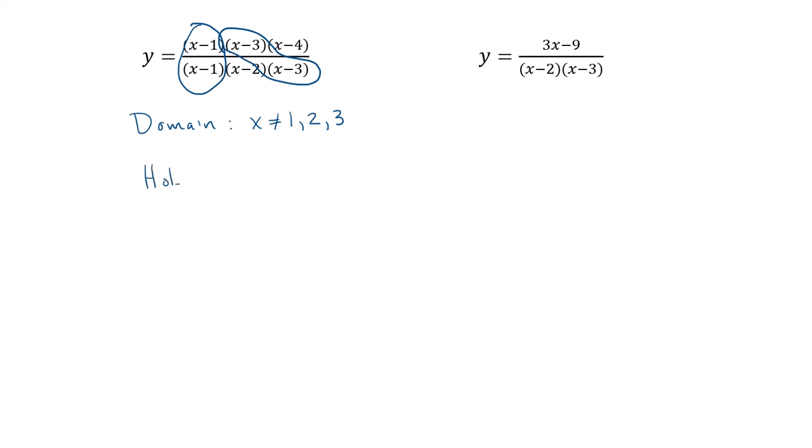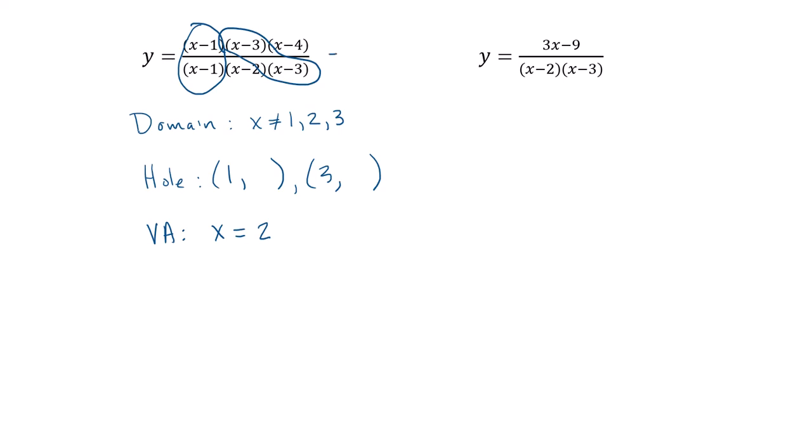I have a hole at 1 something and another hole at 3 something. Remember, holes are the removable discontinuities. I have a vertical asymptote at x equals 2.